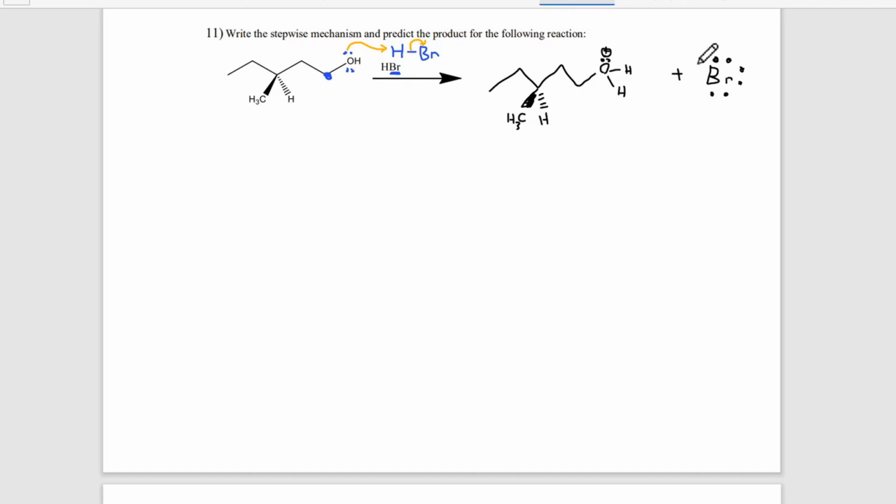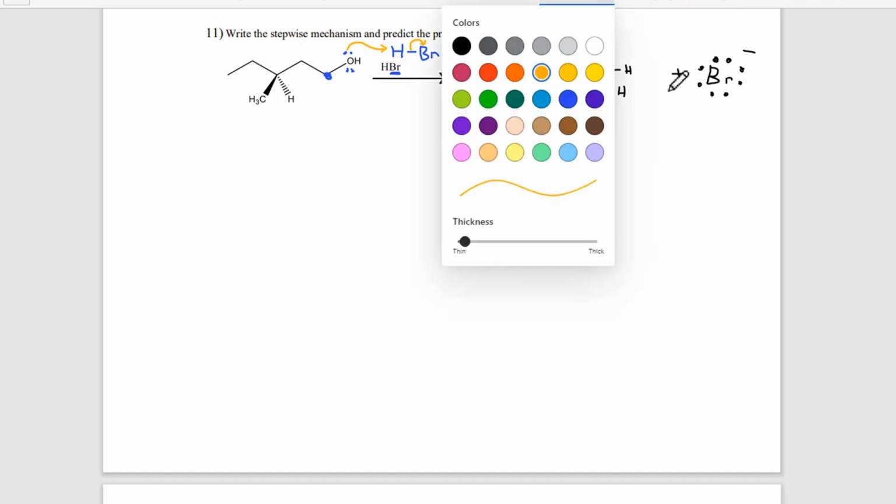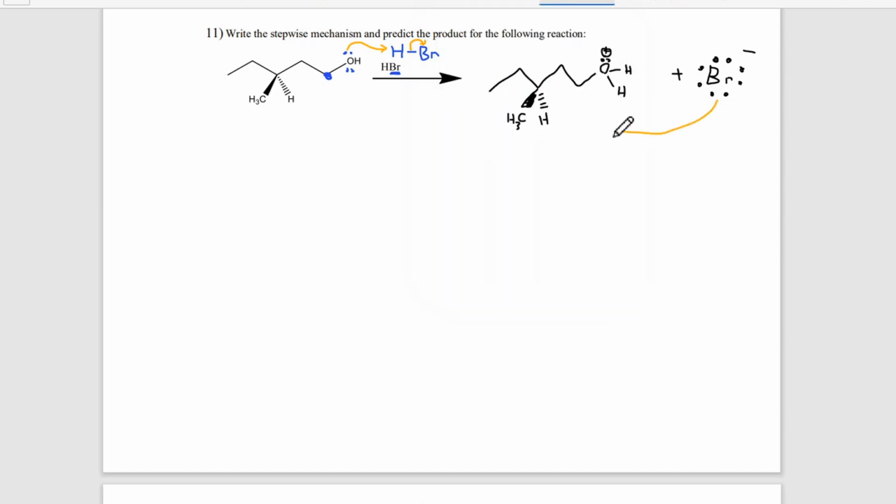Bromine is going to attack now. That's actually what's going to happen, because water can't leave on its own. Remember, it's a primary leaving group. Primary leaving groups may be good leaving groups, but they can't leave on their own because primary carbocations are ridiculously unstable. So this bromine is going to come in.